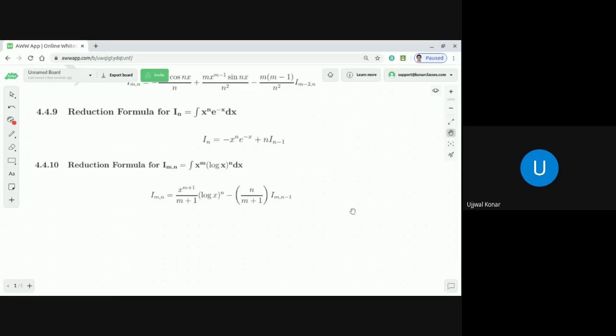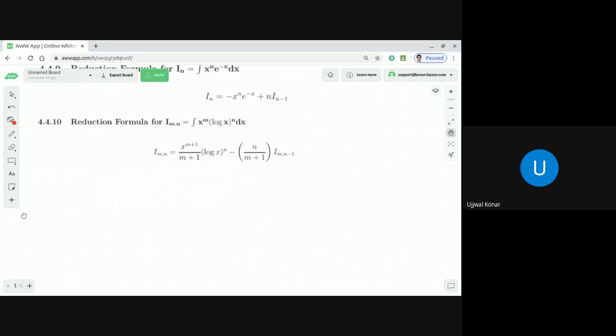Okay. The next one, related to log, is when it is x to the power n by log x to the power m. Let me show you the formula, followed by a discussion. So the formula is something like this.